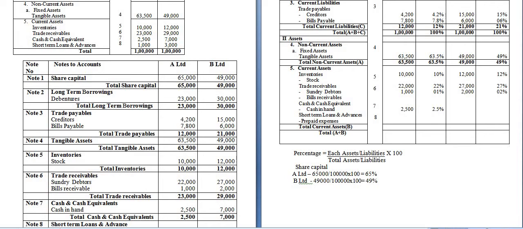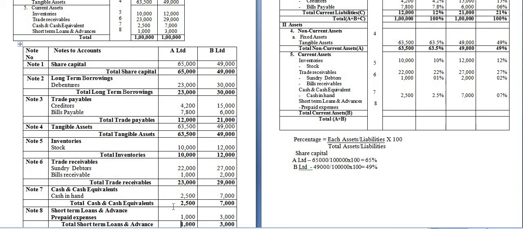Okay. Next, B Limited, it is 7,000. So in the amount column write 7,000. 7,000 divided by 1 lakh into 100, so the percentage is 7%. Okay. Next one, short-term loans and advances. The details of short-term loans and advances are given in note 8.